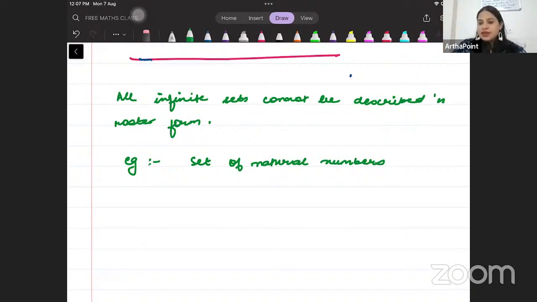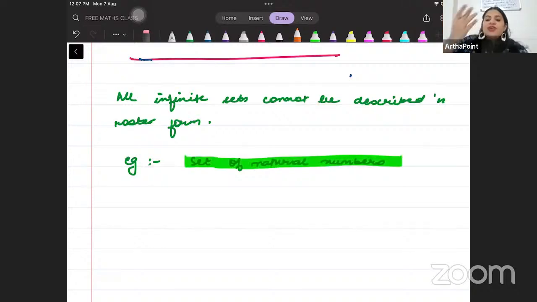Natural numbers तो infinite है ना? अगर मैं बोल देती set of first 5 natural numbers तो वो finite हो जाता. But set of natural numbers in itself ये तो infinite है ना? So infinite को हम कैसे दिखाएंगे? 1, 2, 3 कहां तक लिखती जाऊं? It is infinite. So how do you represent it?